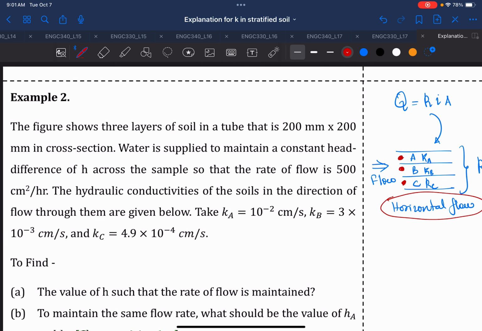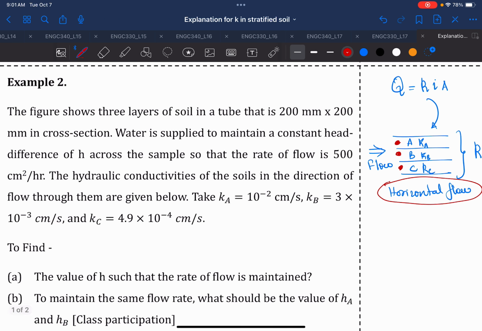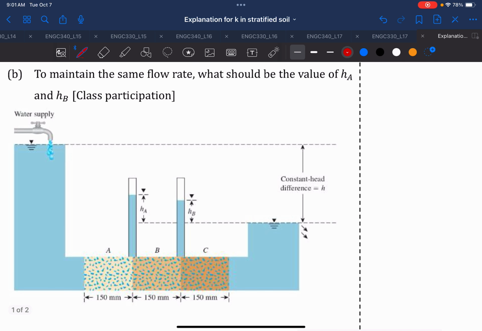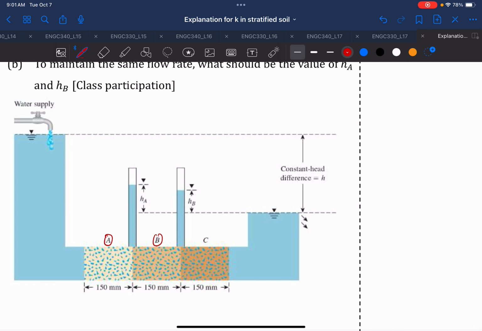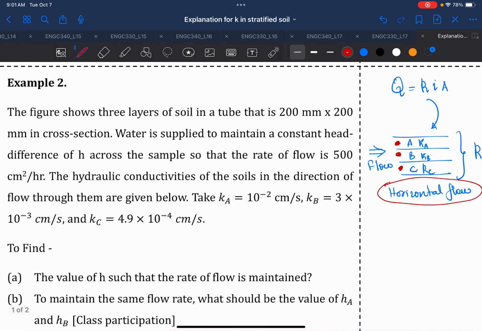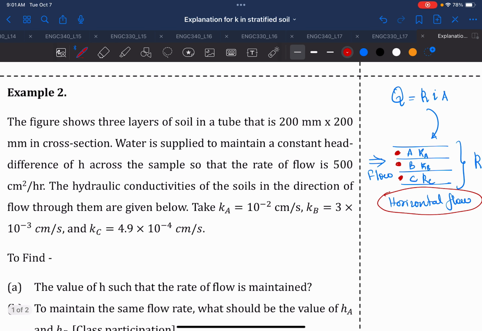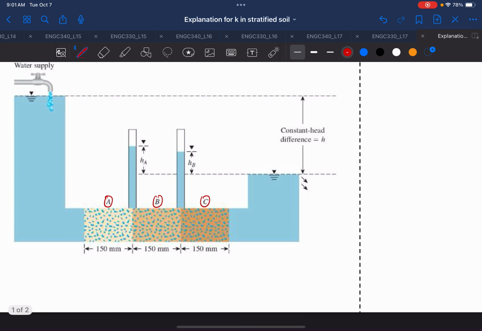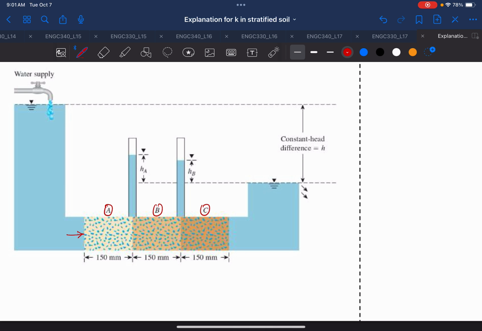So in this problem, you'll see that it says the figure shows three layers of soil. You have here soil A, soil B, and soil C. And it says that the water is supplied to maintain a constant head. The soil has a cross-sectional area, and the flow is perpendicular to the area. So this is the area, and it's given to us, which is 200 millimeter by 200 millimeter.